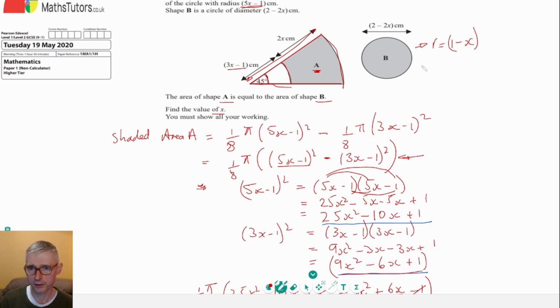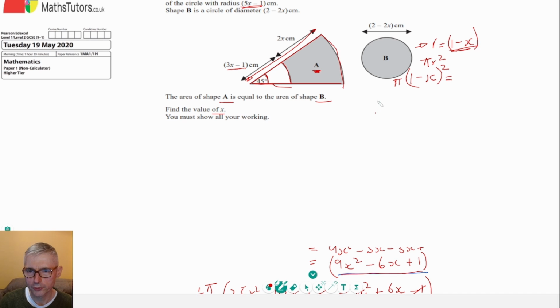And I think I'll just work out what the area of the circle is up here. So it's just going to be pi r squared, the formula of the circle, which we should be hopefully familiar with. And so I'm going to square this bracket here. So 1 minus x all squared times by pi at the front, of course, because of the pi there.